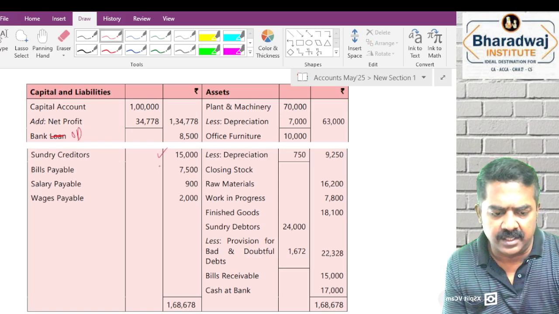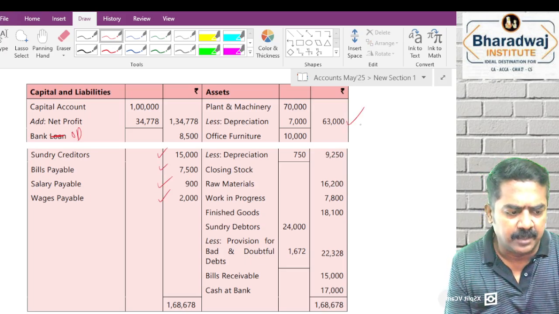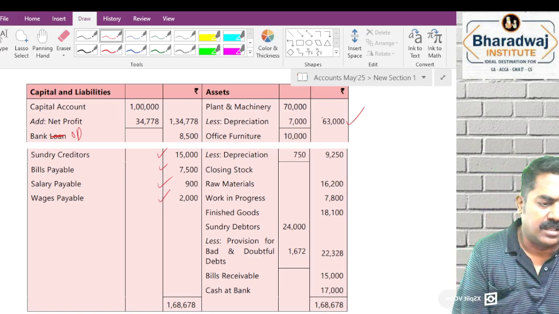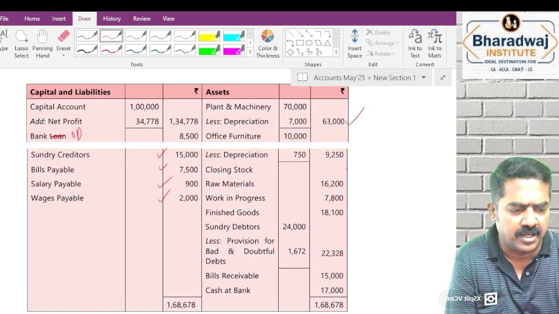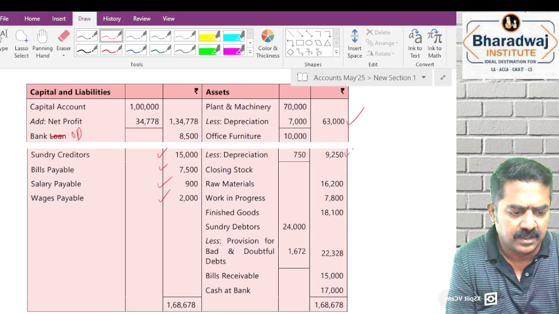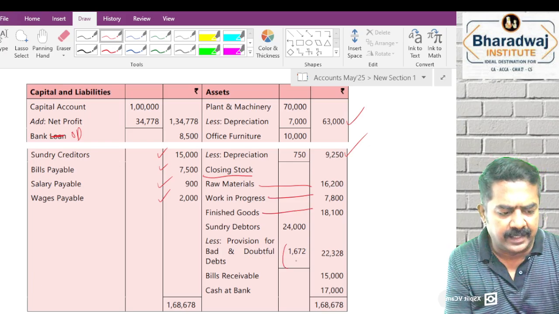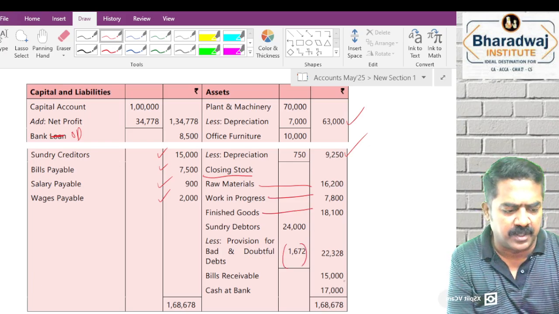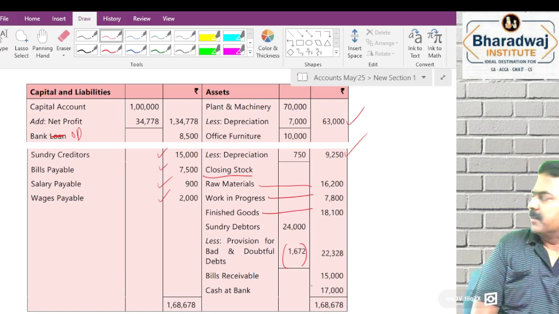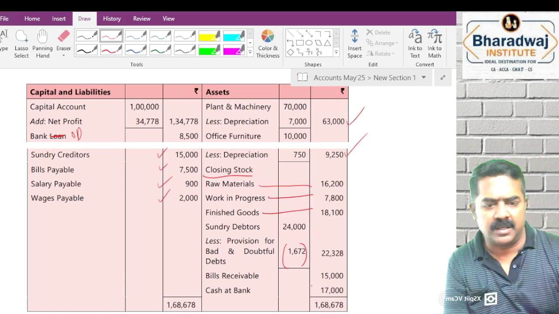Then sundry creditors, bills payable, salary payable, wages payable will come. Plant and machinery minus depreciation will come. Furniture minus depreciation. All the closing stocks, raw material, work in progress and finished goods. Debtors minus provision for bad debts will come. Bills receivable and bank balance.